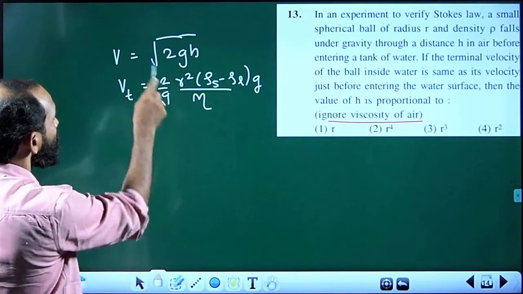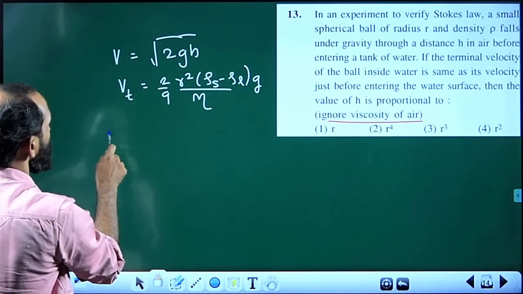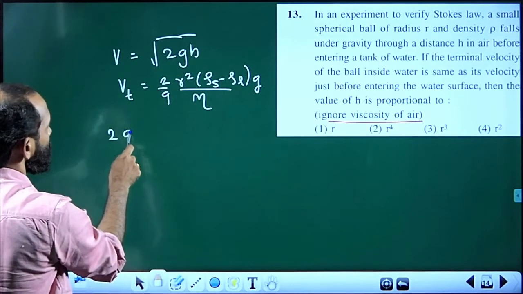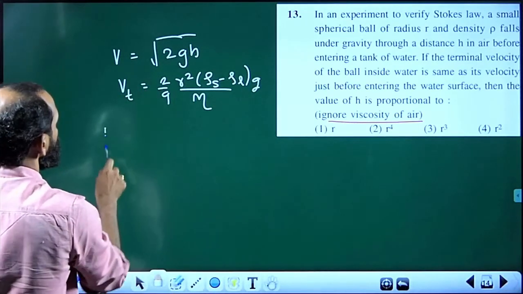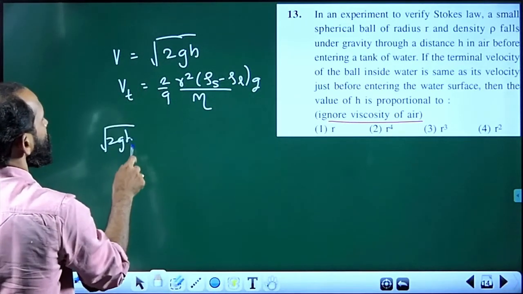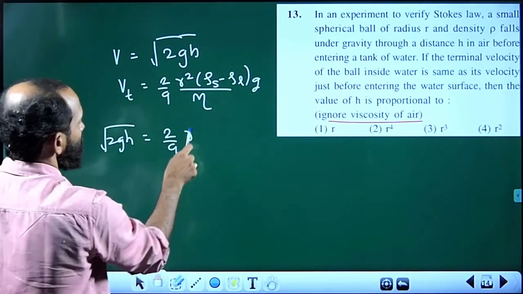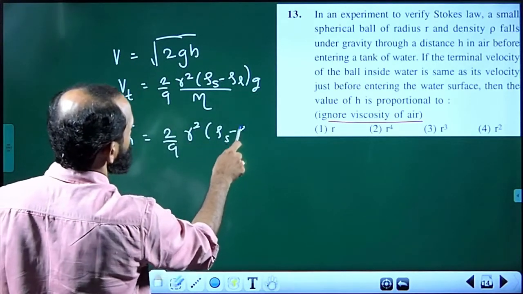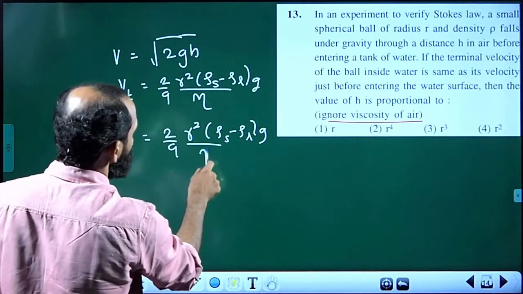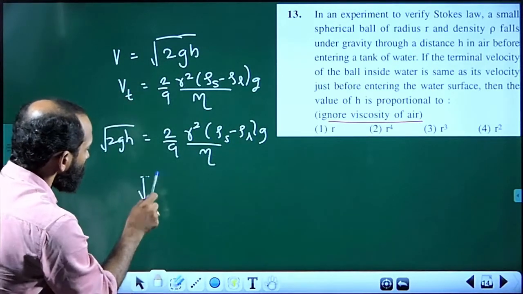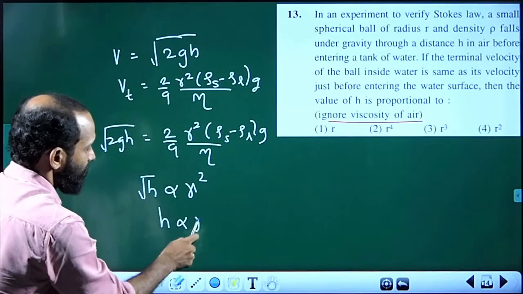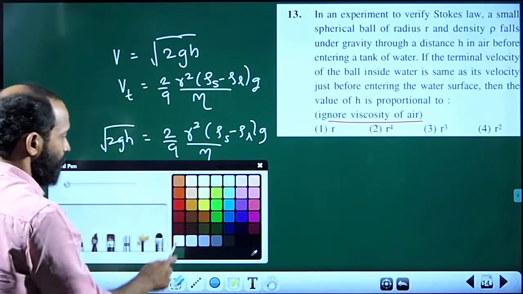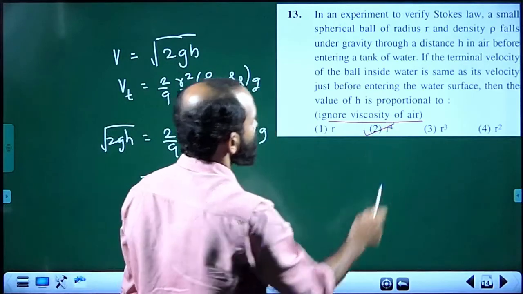Now equating these two, root 2gh is equal to 2 by 9 r square (rho s minus rho L)g divided by eta. Here root h is found to be proportional to r square, that is h proportional to r raised to 4. So, the correct answer is box.